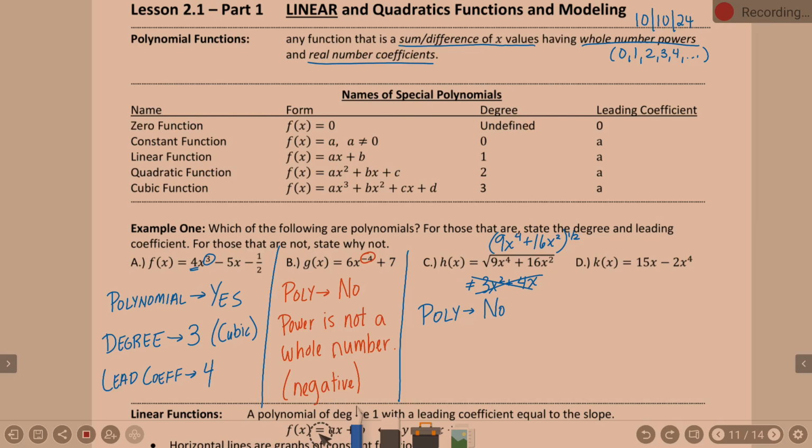Again, I can use the explanation that the power is not a whole number. And the catch is there is a square root.